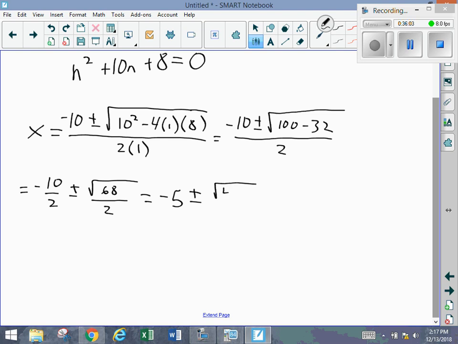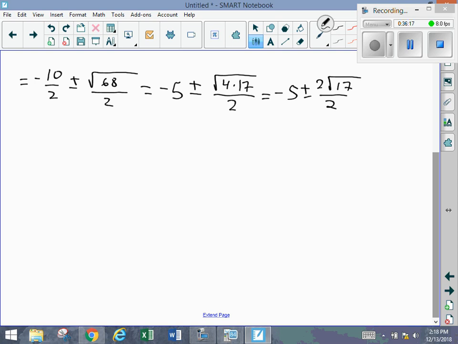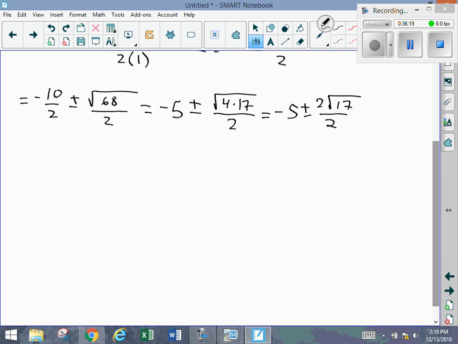So it's 4 times 17. I'm going to pull that square root of 4 out. And then I can cancel the 2. Negative 5 plus or minus root of 17. Boom!